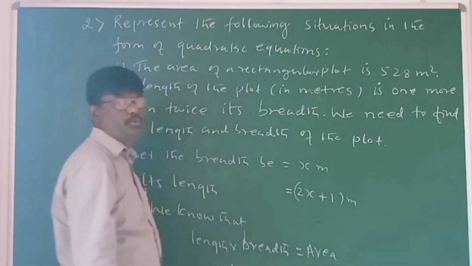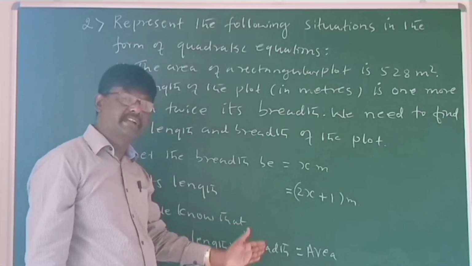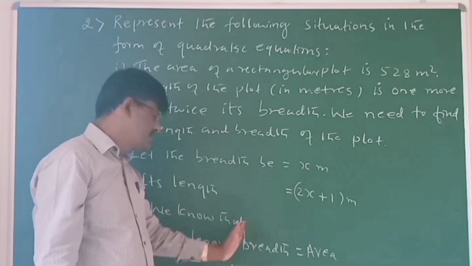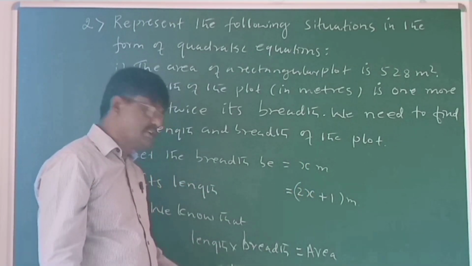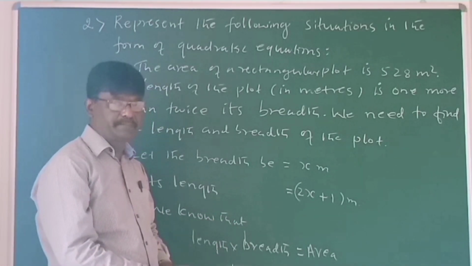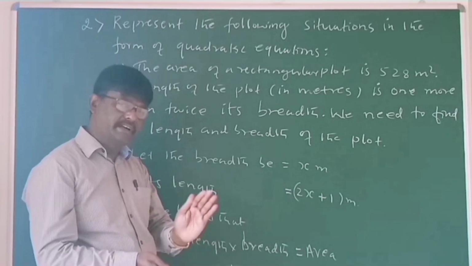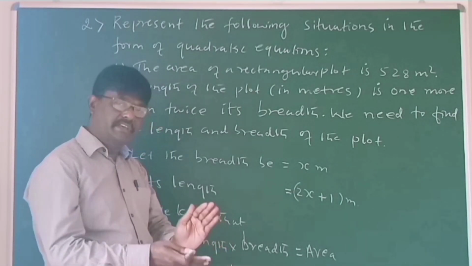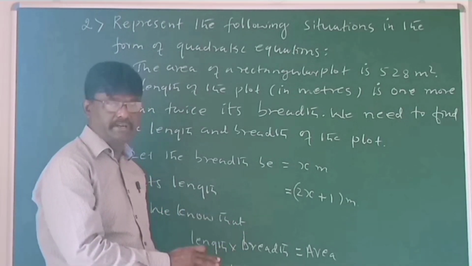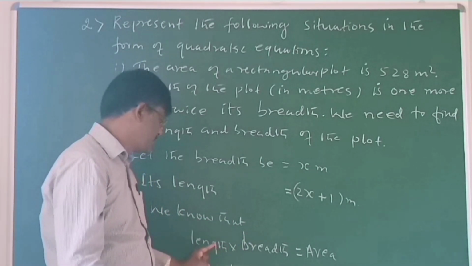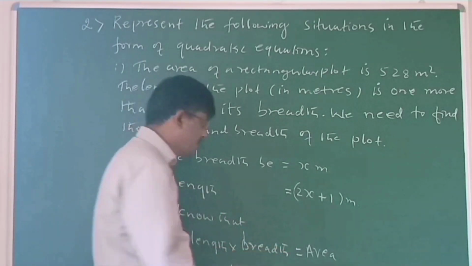Usually we used to write what? Area equal to length into breadth. But here the dimensions are length and breadth in terms of x. So that's why this is convenient, that's all. Hence, always we must have that skill also. According to our convenience, we can write left to right side or right side to left side, it makes no difference at all, children. Hence, we know that length into breadth equal to area.